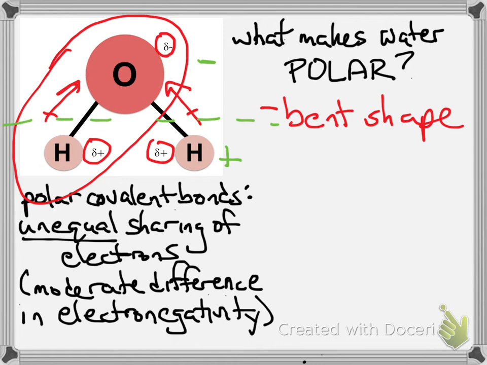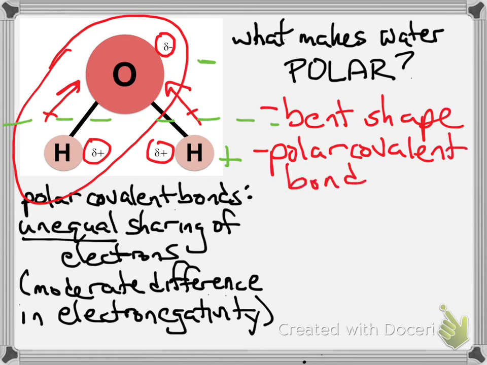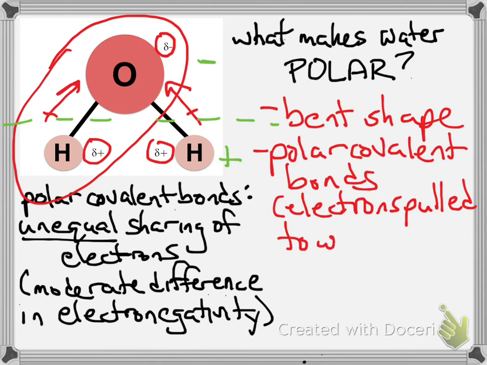And so that allows the hydrogen to occupy its own side of the molecule. And the second thing that makes water polar is the polar covalent bonds. In those polar covalent bonds, the electrons are pulled toward oxygen.